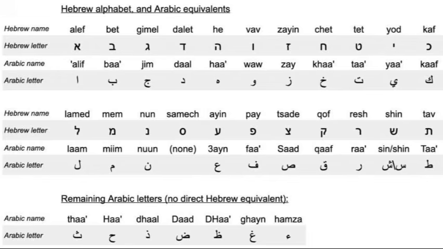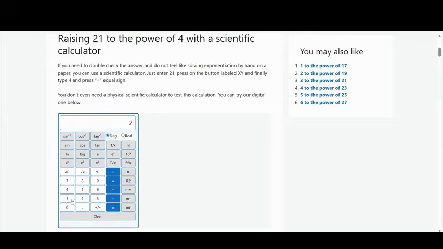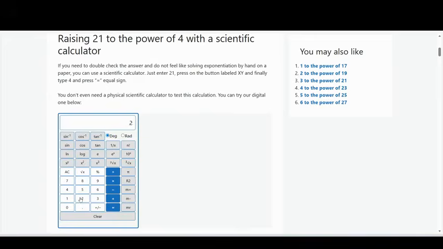Now, if we look at how many could be equivalent to Hebrew, well, there are 21 letters in Hebrew which are equivalent to Arabic. So 21 to the power of 4, and that will give us a grand total of 194,481. To reiterate, 21 to the power of 4 is equal to 194,481.